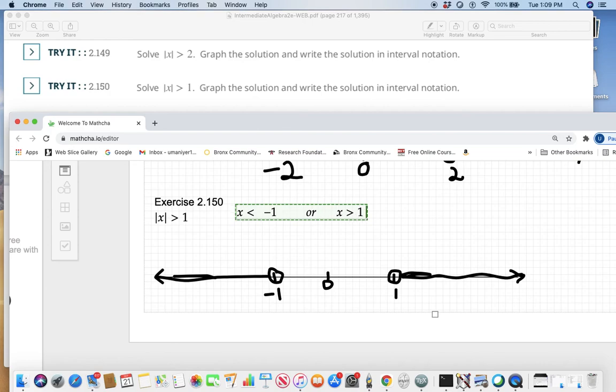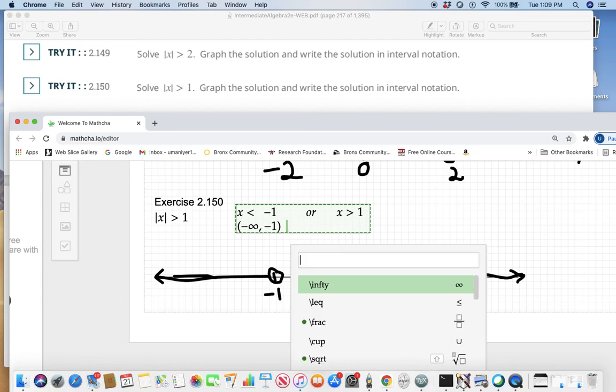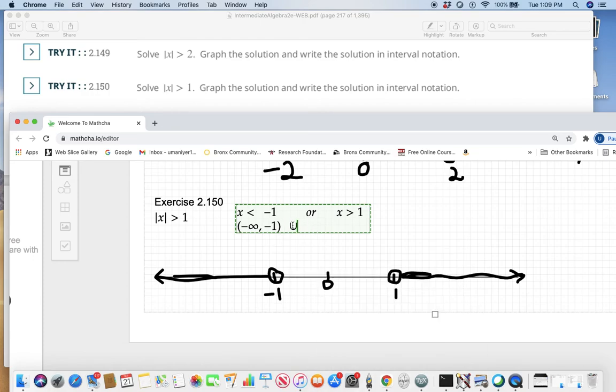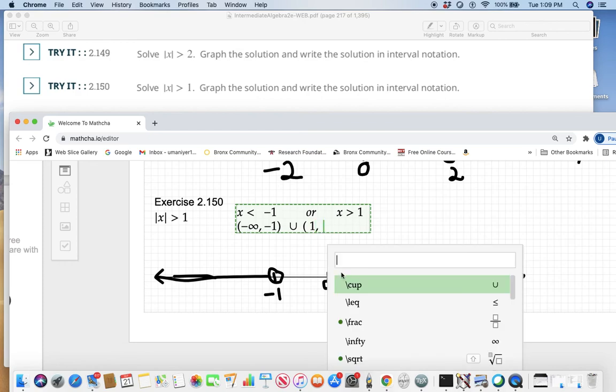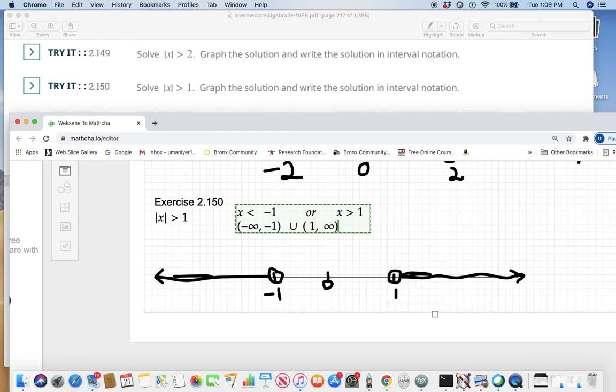That's all you're saying. So in the form of an interval, this means you start at negative infinity, open, until negative 1, open, that or becomes union, that is U, 1 to infinity, open.